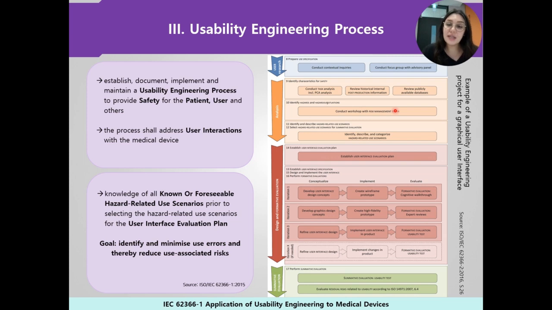This process says that the manufacturer shall establish, document, implement, and maintain a usability engineering process to provide safety for the patients, users, and others. This process shall address user interactions with the medical device according to the accompanying documentation. The goal of it is to identify and minimize use errors, and thereby reduce use-associated risk.